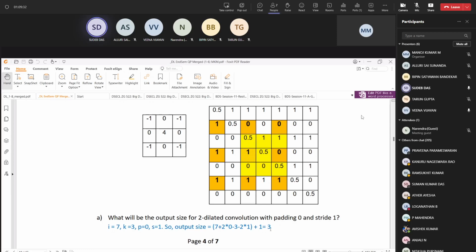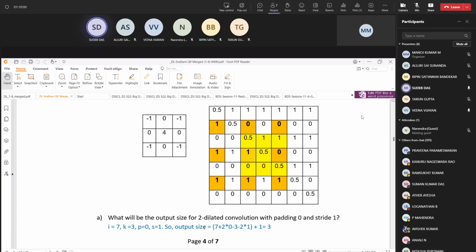Here the output size is 3 by 3, but in your equation, whatever you are showing, how much output is coming? 7 by 7 you are telling, no? But these two images seem to be different. If I take the image size and kernel size and apply two dilated convolution, what will be the output size?